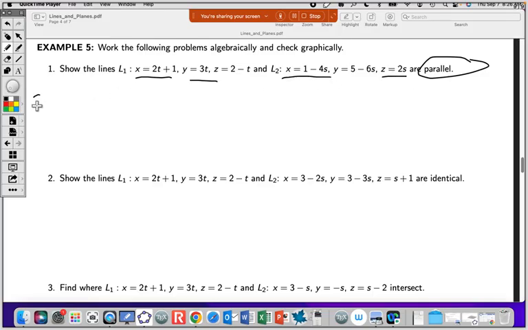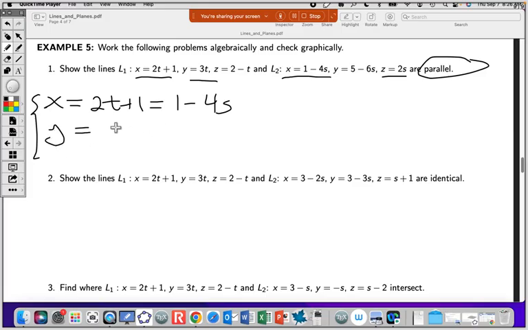If I'm looking for intersection points, the x coordinate on the first line would have to be the x coordinate on the second line. So there has to be a value of t where 2t plus 1 is equal to a value for s, 1 minus 4s.